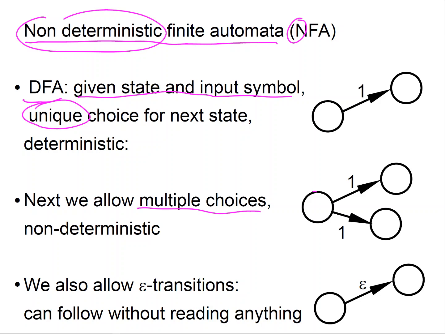So if I'm in this state, I read symbol 1, I can go here or I can go here. And that's what makes it non-deterministic. We also allow for what is called epsilon transitions. These are transitions that you can follow without reading anything.